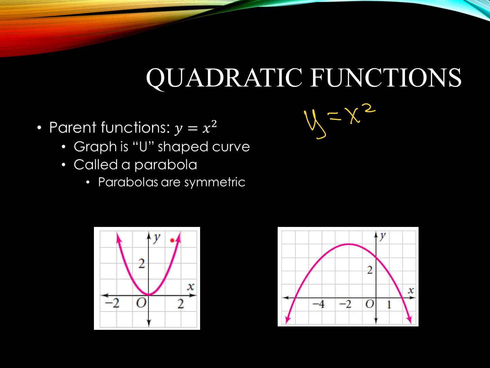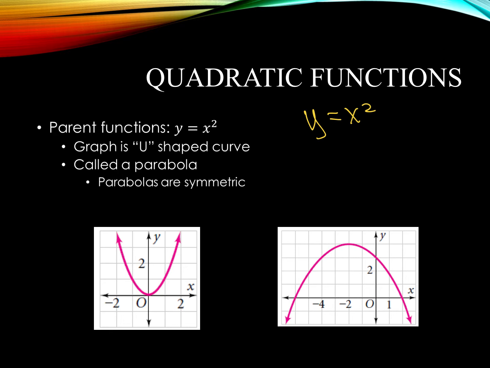So notice here, I have a nice U shape. Over on the right here, this is a U-shaped graph. It's just an upside down U. So we know that all quadratic functions are going to have some U shape to them, and that's because the parent function is U-shaped. We call this U-shaped graph a parabola. That is something that you are going to have to familiarize yourself with and be able to say.